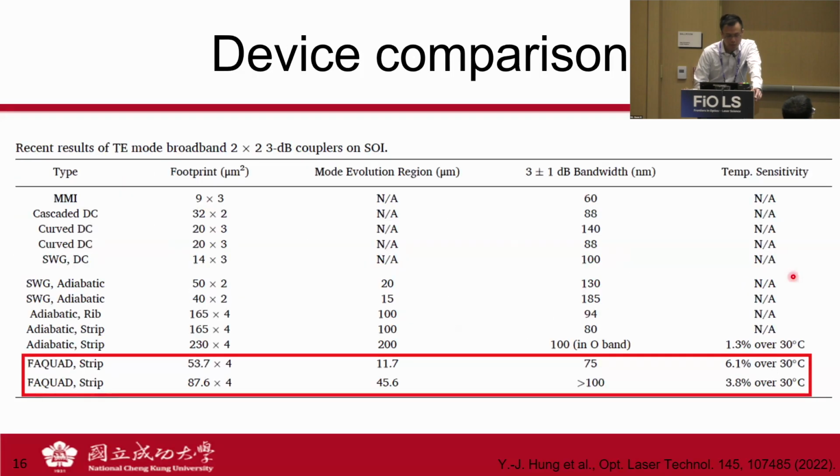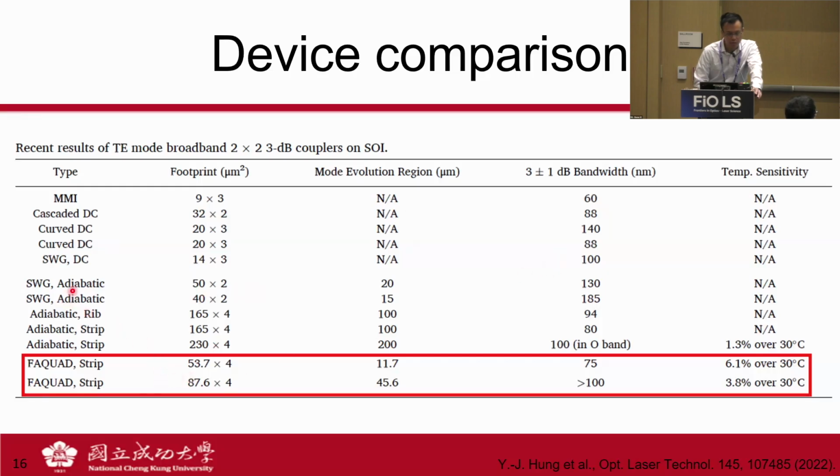And as we compare it with the common 3 dB couplers, for example, the devices up here, MMIs, DCs, they basically rely on mode coupling. So they can be very compact, and some of them have very good bandwidth, but typically the bandwidths are smaller.